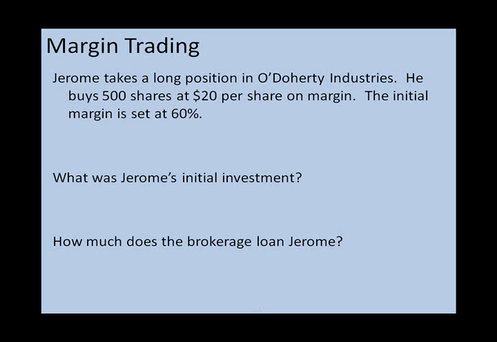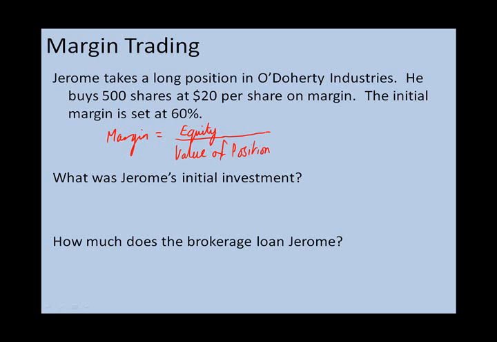The first thing to do when considering this is to think about what margin really means. And we know that margin is equal to the equity that we put in divided by the value of the position you take in a stock. Now let's consider the example of Jerome. What was Jerome's initial investment?